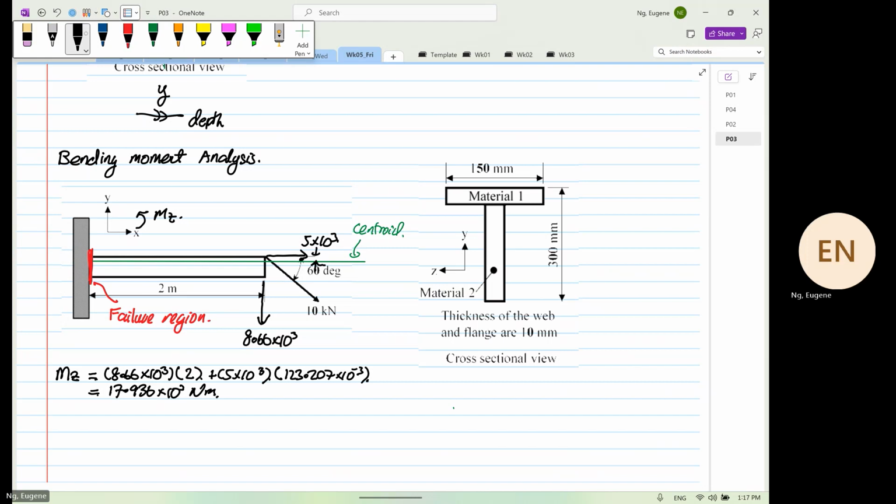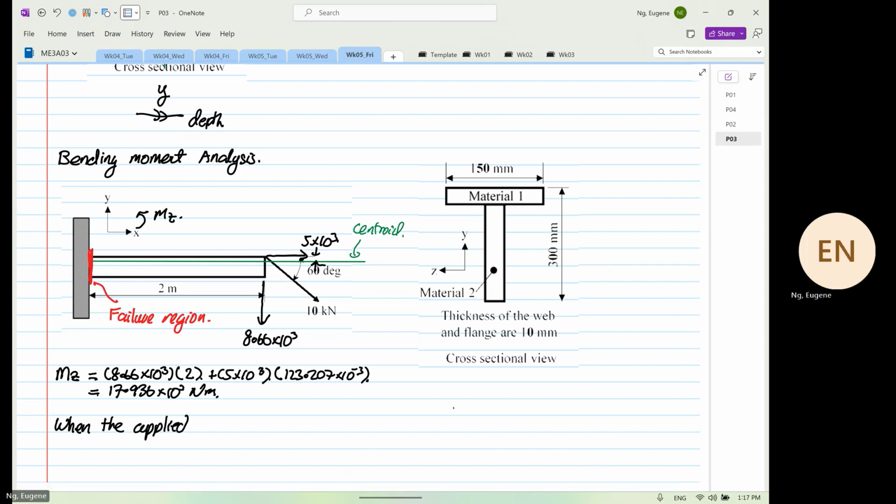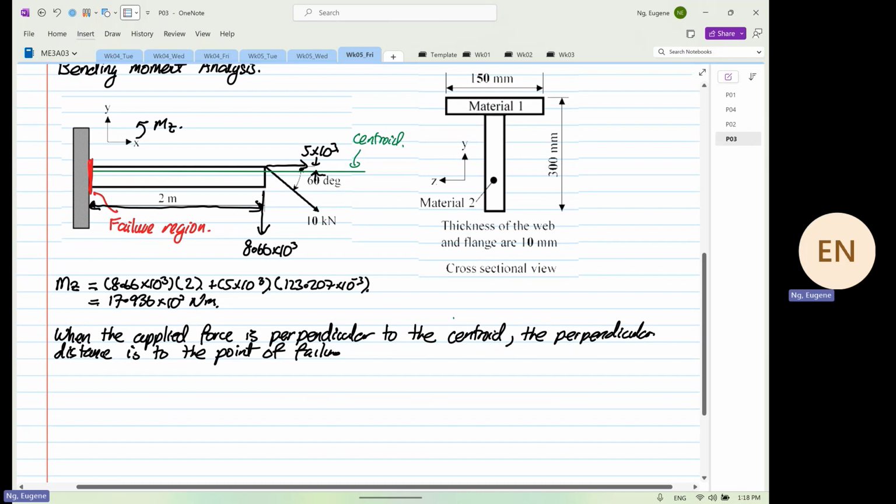When the applied force is perpendicular to the neutral axis, to the centroid, the perpendicular distance is to the point of failure, i.e., you take the distance from here to here. Are we clear?